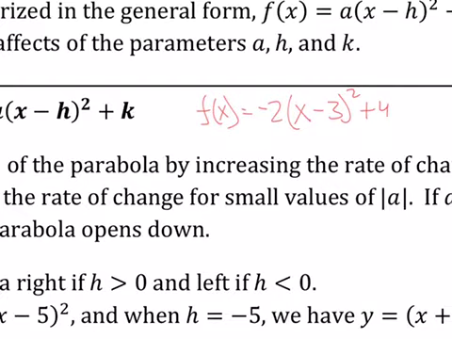The 2 is going to stretch it, make it a little steeper. This minus 3 is going to move it to the right 3. Remember, it's opposite when we're going left or right from what we would expect. The plus 4 is going to move it up. So since it's gone right 3 and up 4, we know that the vertex, which is usually at 0, 0, is going to be at 3, 4.